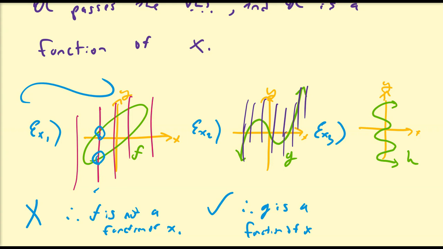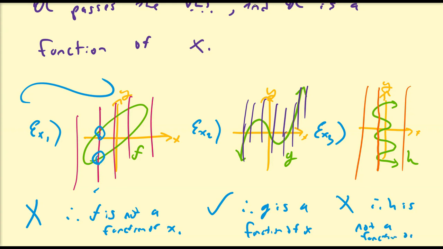And if we look at this last example, if we draw a vertical line there, it doesn't pass. Vertical line there, it doesn't pass. But if we draw a vertical line right here, that passes at least 1, 2, 3, 4, 5, 6 times, which is more than 1 time. So that graph is not good. Therefore, h is not a function of x. And that's pretty much an overview of a special type of relation known as a function.